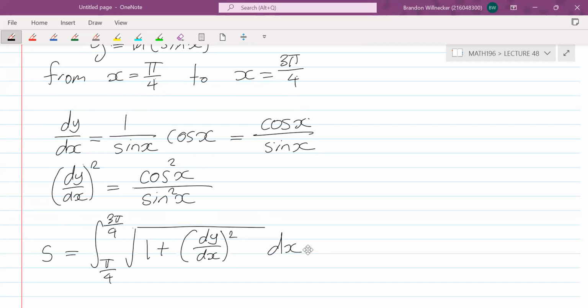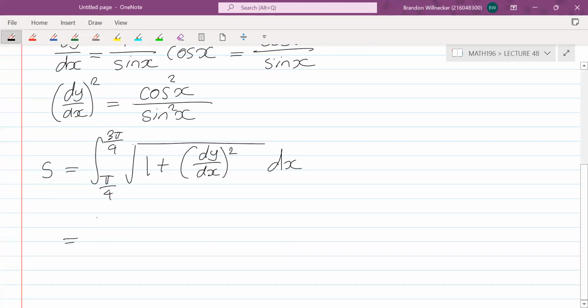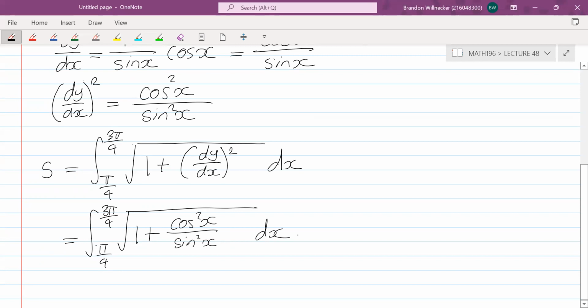Okay, so we've already found dy by dx squared, so we can substitute that. So this will be the integral from pi over 4 to 3 pi over 4, square root of 1 plus, and then we have cos squared x over sine squared x, dx.